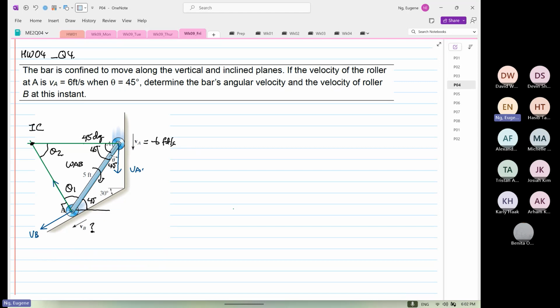Do we know what theta 2 is? Can someone see something that I don't see?